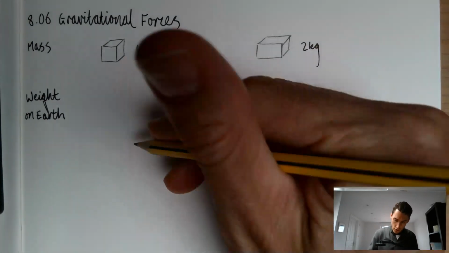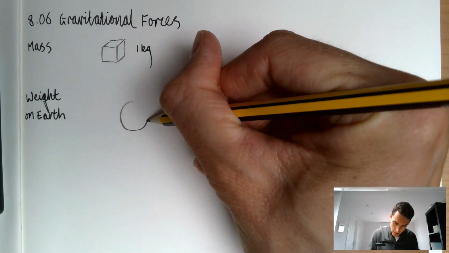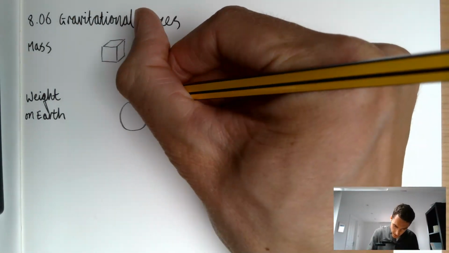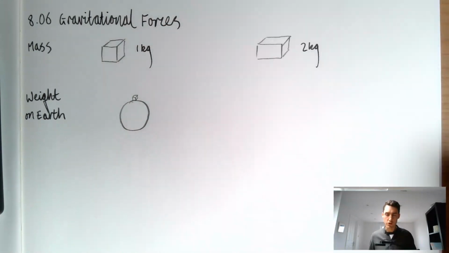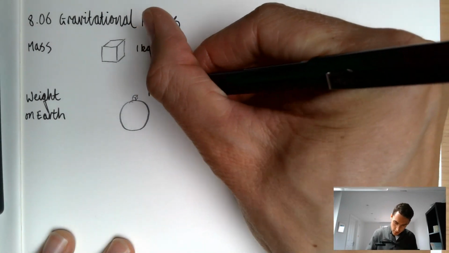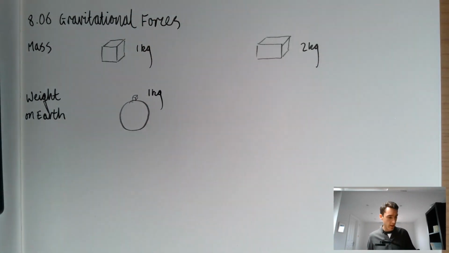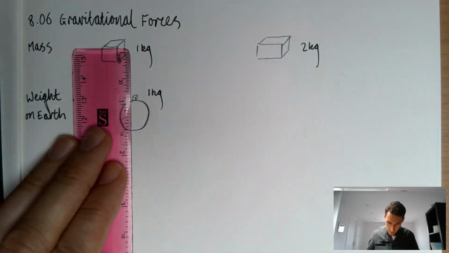So I'm going to draw Earth like this. I'm going to draw my little box on top of Earth like that. You can just draw that as a square if you like. I'm going to say, here's my 1 kilogram box. Now, when I draw a force, I always start from the center of it, so I'm going to do that in pencil as well.